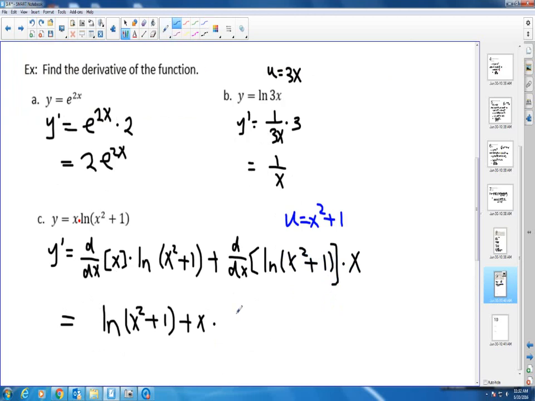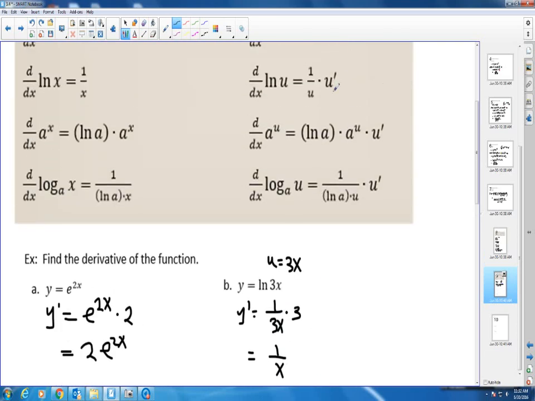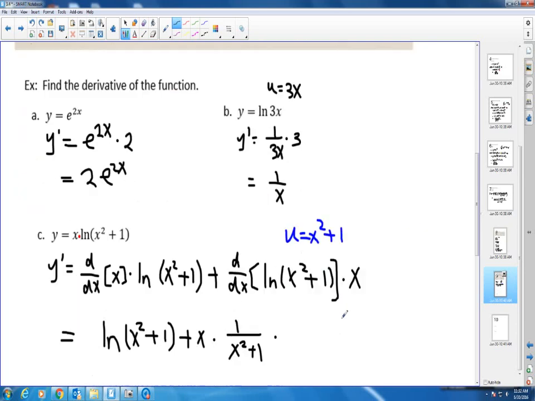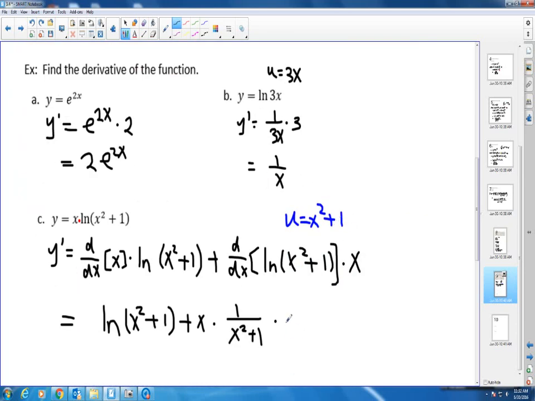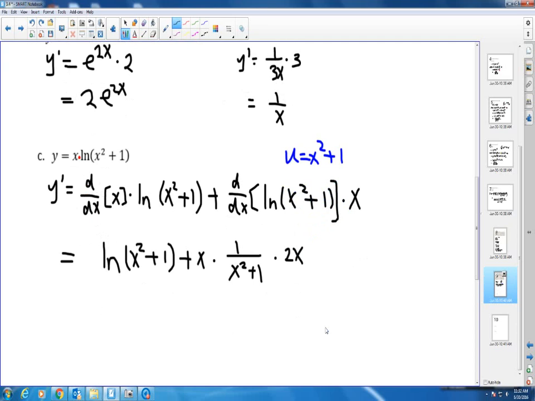So that tells me this will be 1 over my u times my u prime. The derivative of my u will be 2x. Alright, so this x is on top, that 2x is on top, x times 2x makes 2x squared. So this problem would just be natural log of x squared plus 1 plus 2x squared over x squared plus 1. Okay, we can leave it like this, that's fine.